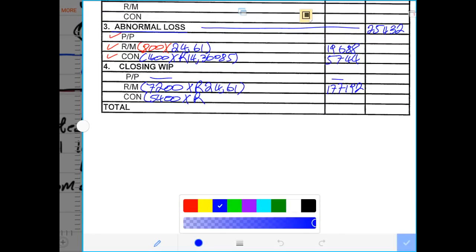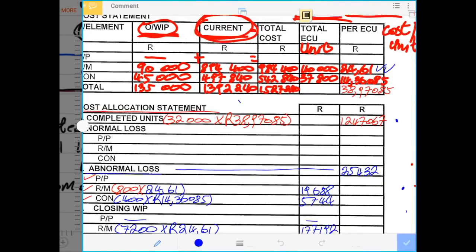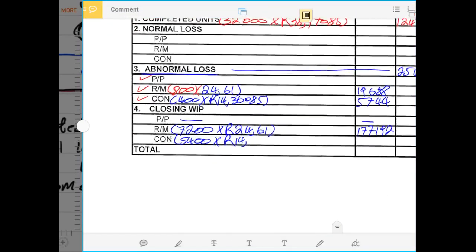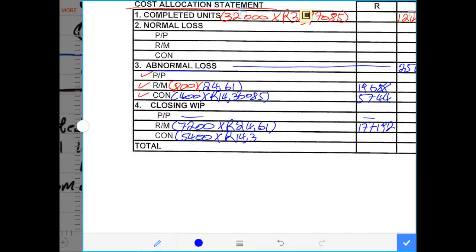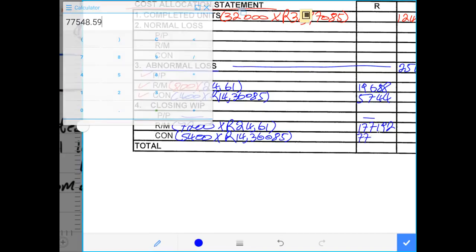So now that will be multiplied by 14.36085, because we know that our conversion cost per unit is 14.36085. We multiply by the cost per unit: 14.36085 multiplied by 5,400 closing units with regard to conversion cost will give us 77,549.